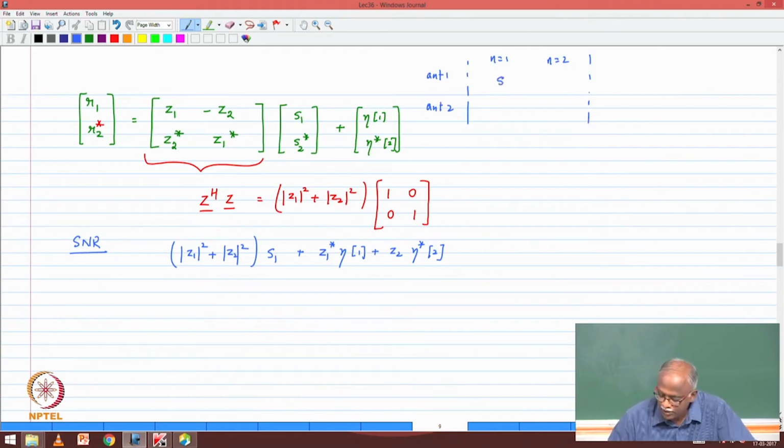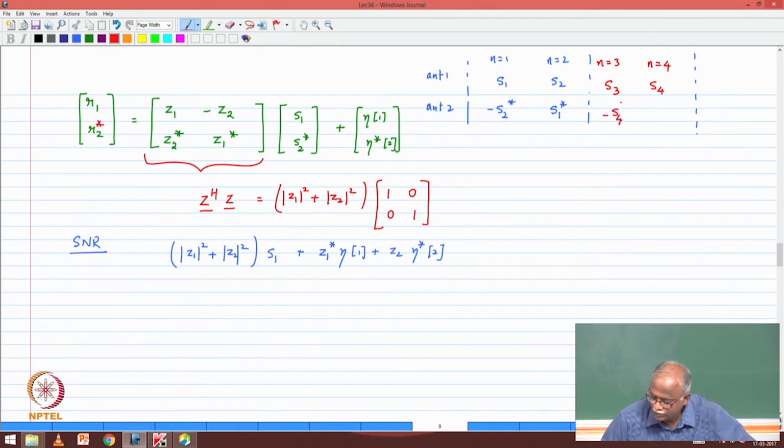It was S1, S2 minus S2 conjugate, S1 conjugate. Repeat the same structure going into time n equal to 3, n equal to 4. This would be S3, S4 minus S4 conjugate, S3 conjugate.